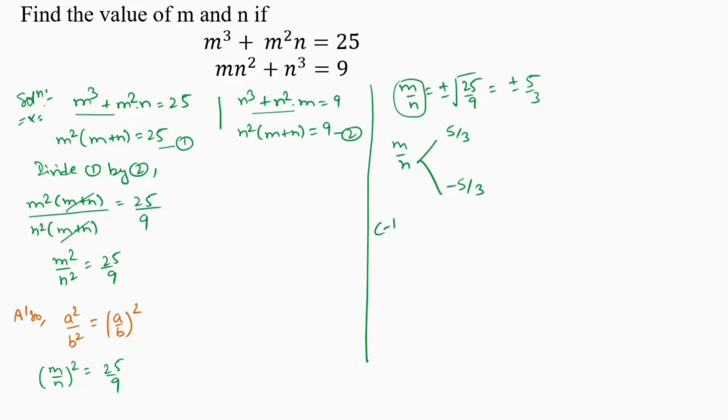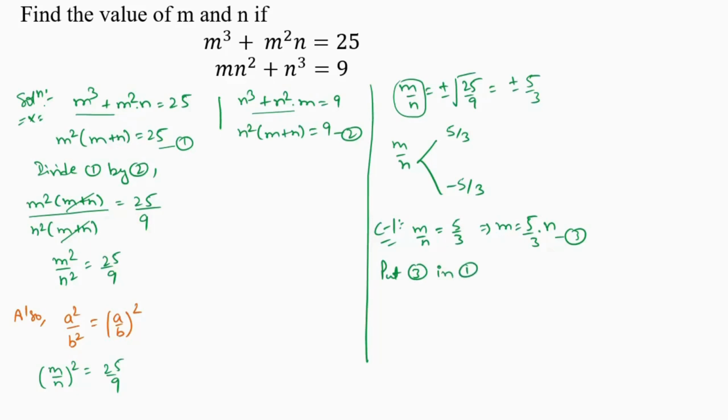Now consider case 1 where m by n equals 5 by 3. So from here we get m equals 5 by 3 times n. Name this equation 3. Put the value of m, that is equation 3, in equation 1.